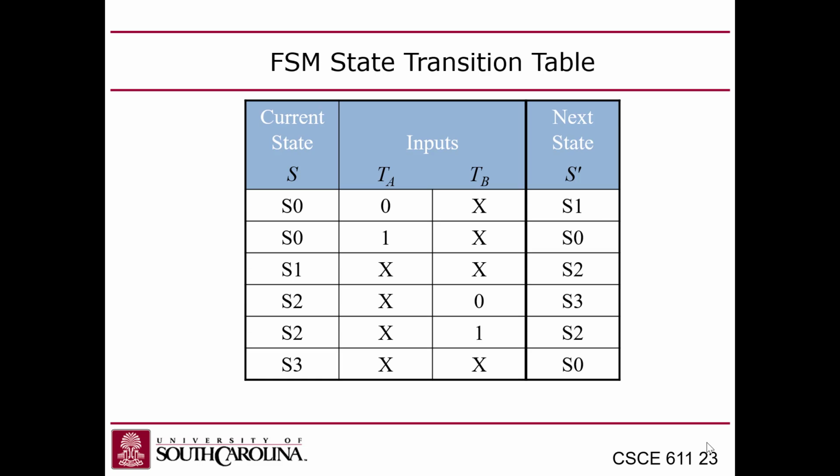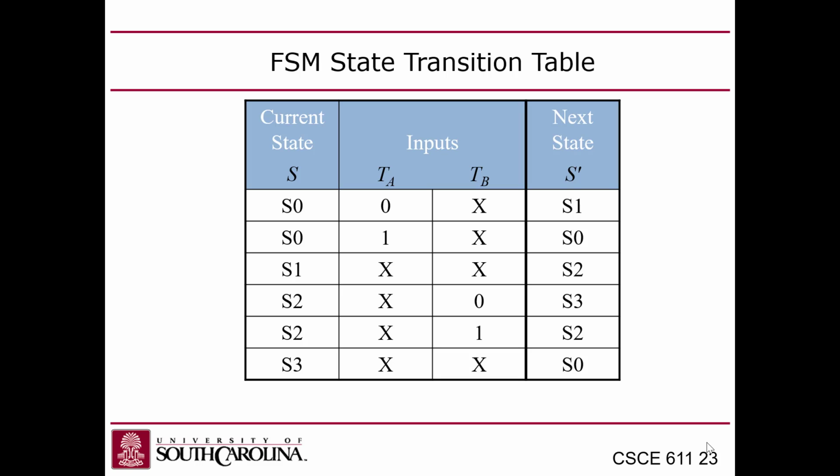So the size of this table, you have to be able to have a row for every possible input for every possible state, right? In this case, there's four states, sorry, and there's 2 bits of input, right? So that would just be 8 rows.